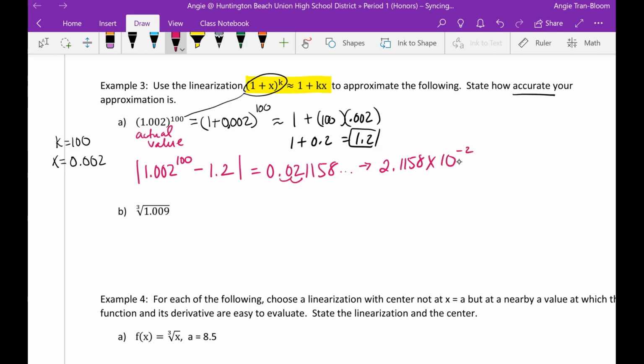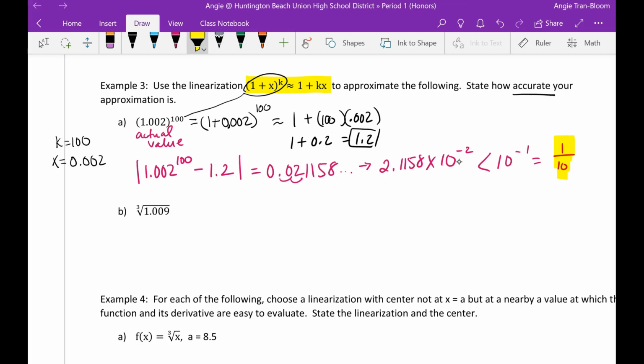Which means this is definitely less than 10 to the negative 1, and 10 to the negative 1 is 1 over 10, so 1/10. So the difference is really small. It's within 1/10 of the actual value, so it's not bad for an approximation.